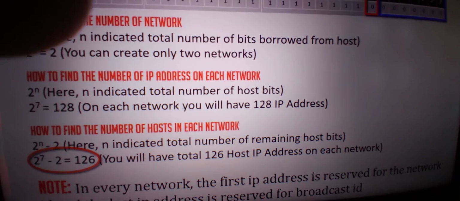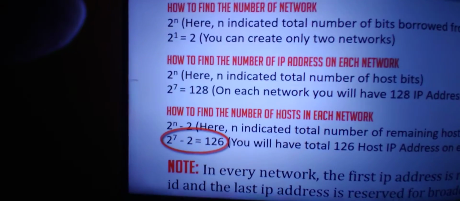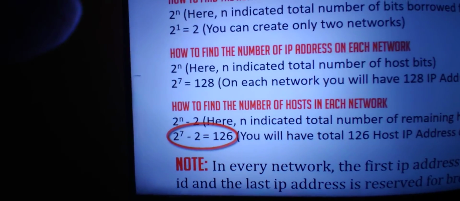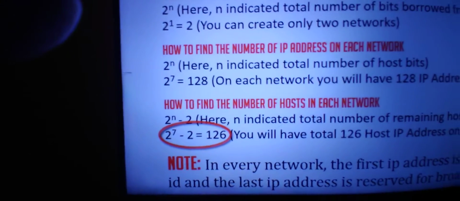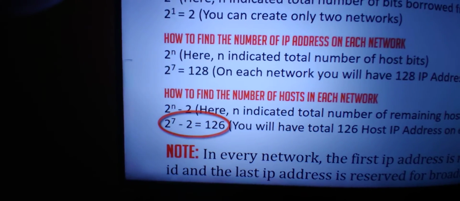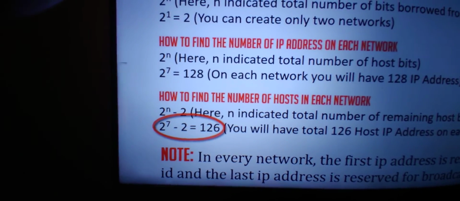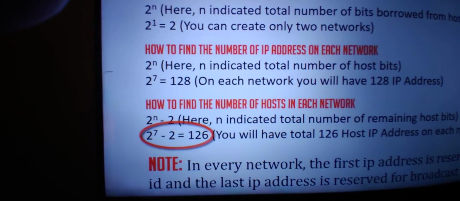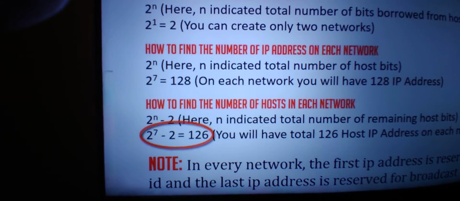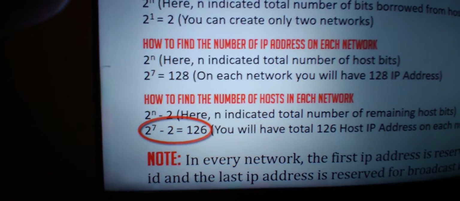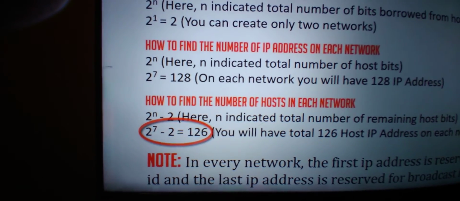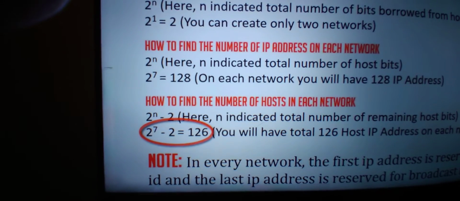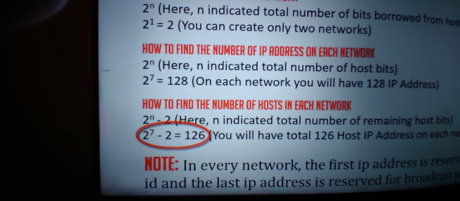And how to find the number of hosts in each network: 2^n minus 2, where n indicates the total number of remaining host bits. 2 to the power of 7 minus 2 is 126, and you will have a total of 126 host IP addresses on each network.